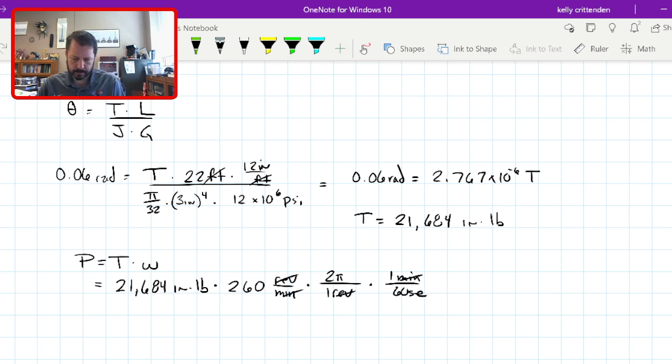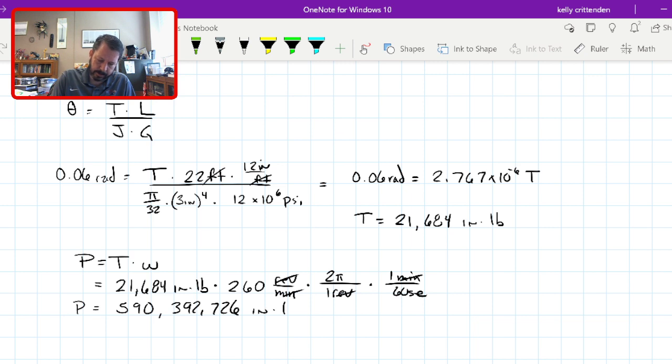So let's see if we can do all this. 21,684 times 260 times 2 times pi divided by 60. That's a lot. 590,392.726.